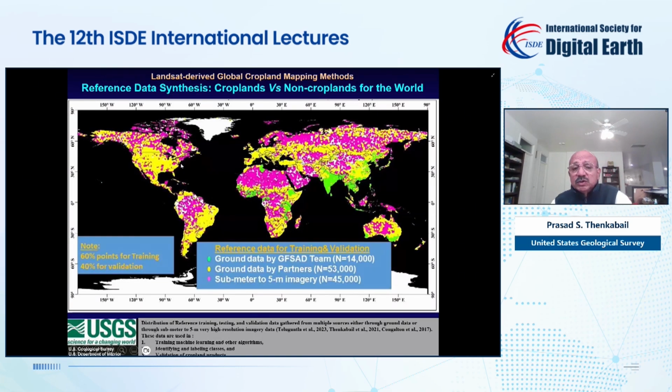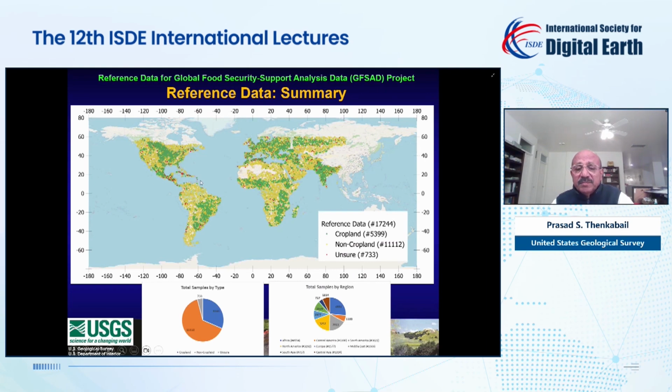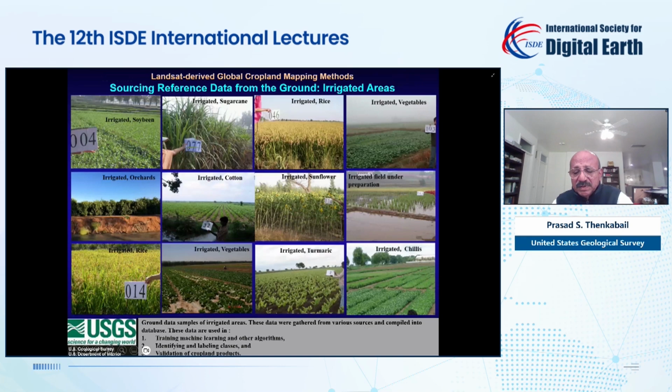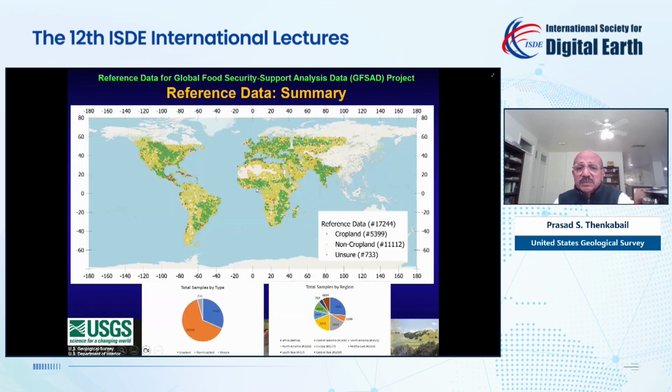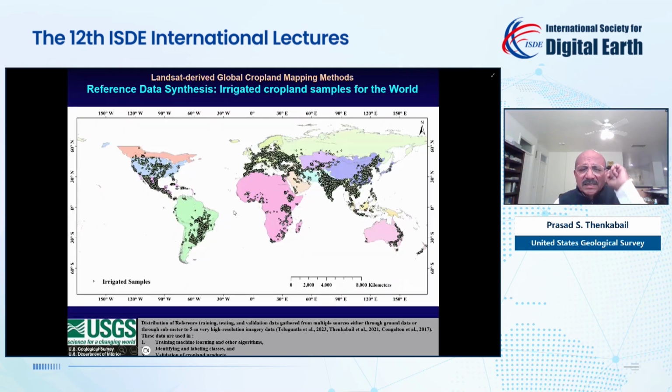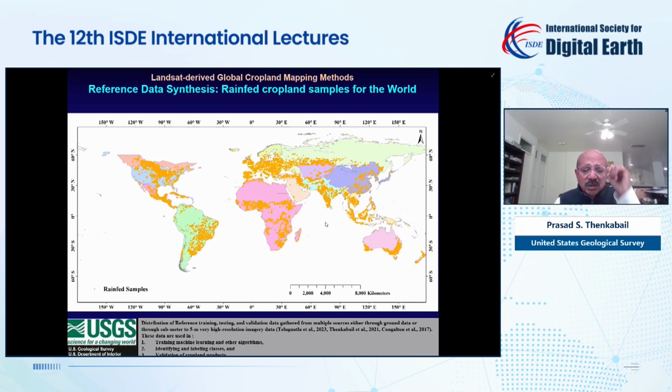Earlier I showed this one basically from this kind of high resolution data, and then from the ground data, so you can have all this distribution from the ground data. So you can see there is a massive reference data set that is being collected. And Partha also collected a lot of this data just for irrigation. Where are all the irrigated areas of the world? And where are all the rain-fed areas of the world? So you got the point.